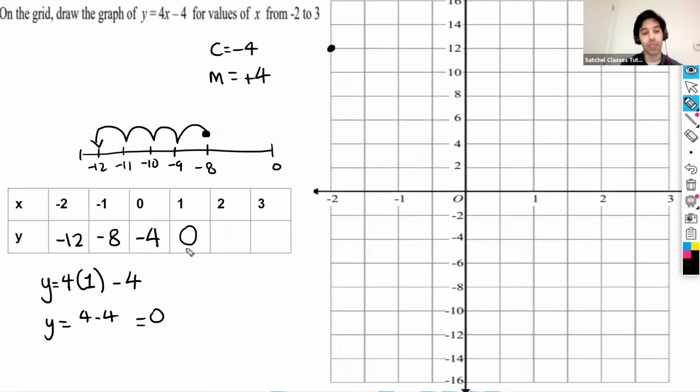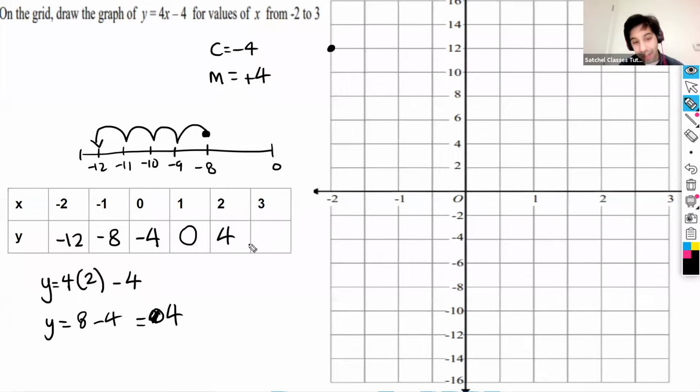It's a constant increase. So the next y coordinate is going to be 4. Now let's just double check that. So rather than 1, I'm going to substitute 2 now. So 4 times 2 is 8. 8 minus 4 is going to be just 4. So my next y value is going to be 4.